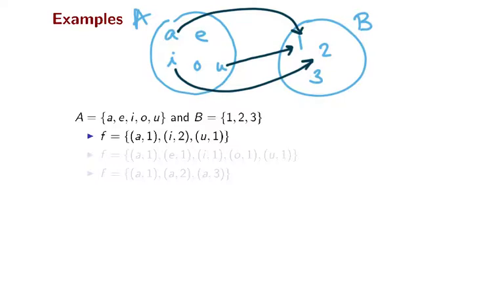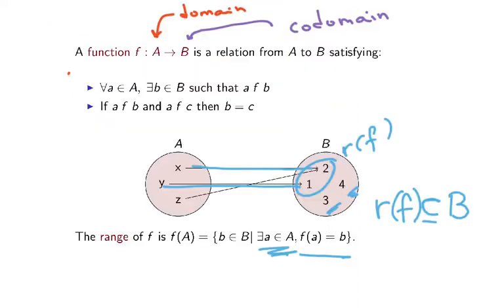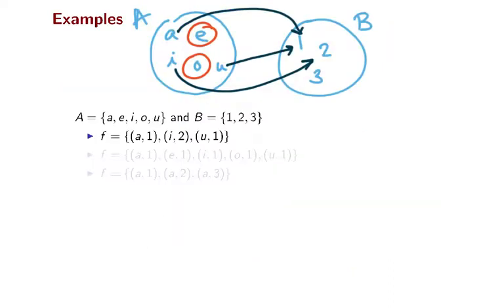So now we have to decide if it's a function. In this case, we can see that the first property fails. The first property failed because these elements here are not related to anybody in the second set. Remember that the first property says that all the elements in the first set should relate to something in the second. So we can say that in this case, this thing is not a function. We don't even try the second property, since it does not satisfy the first one, so it cannot be a function.